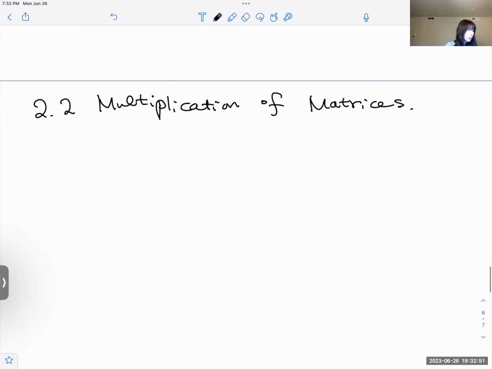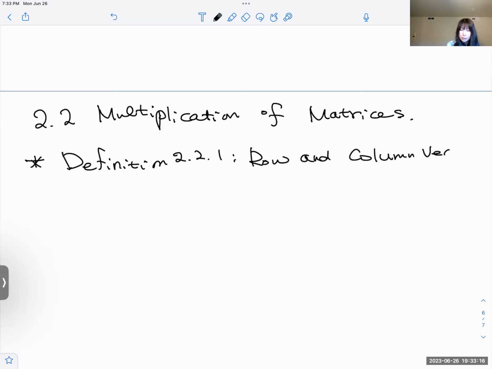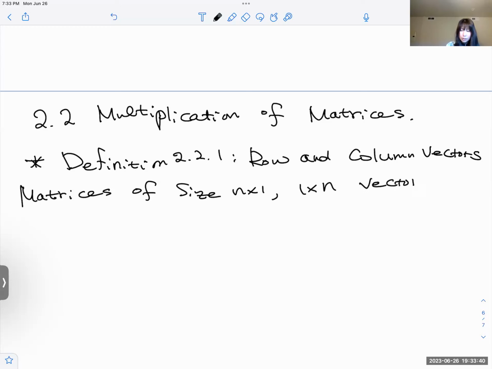Definition: row and column vectors. We call a matrix of size n by 1 or 1 by n a vector, right?